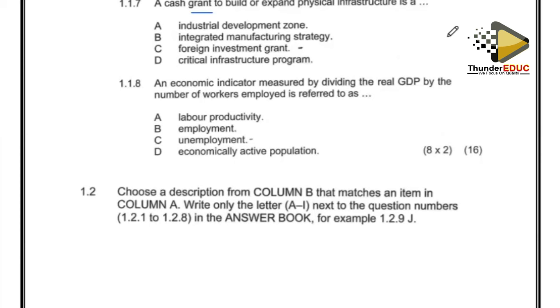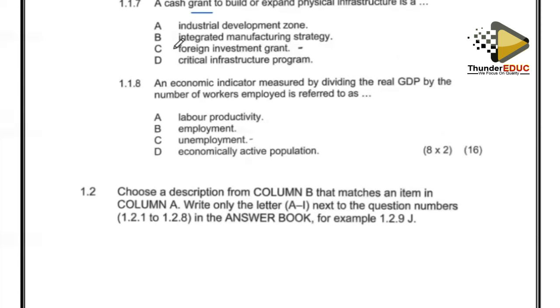So if we check, we have foreign investment grant. The foreign investment grant is the grant or the donation that comes from other countries, from the other spheres of the world.